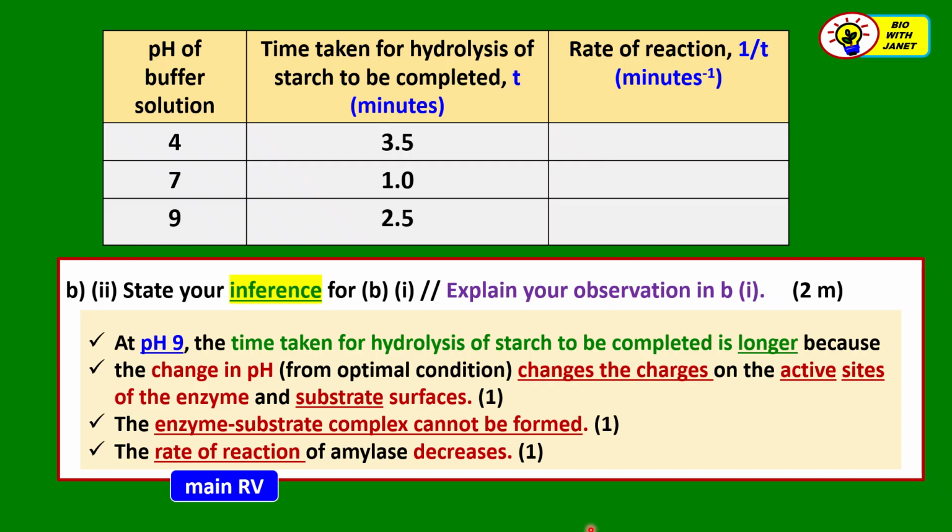So the rate of reaction decreases, or is lower. That's why the time taken for the hydrolysis of starch to be completed is longer. So your inference is the biological explanation of how the MV affects the RV, the time, and then what happened to the main RV after that.